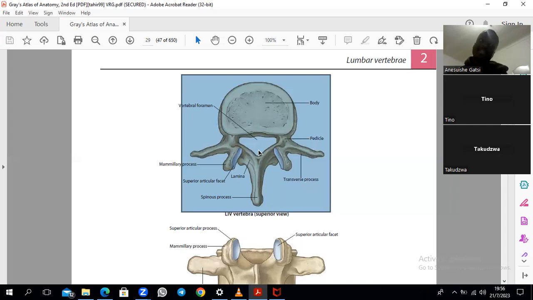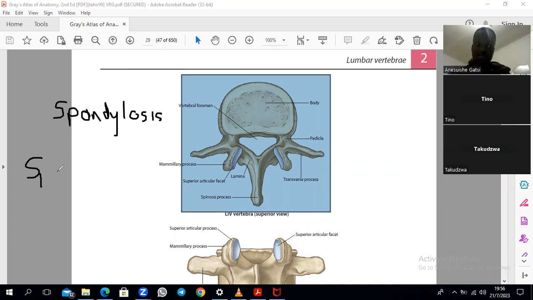Then there's something called spondylosis. I'll write the spelling down for you. Don't mind my handwriting. There's spondylosis. Then there's spondylolisthesis.